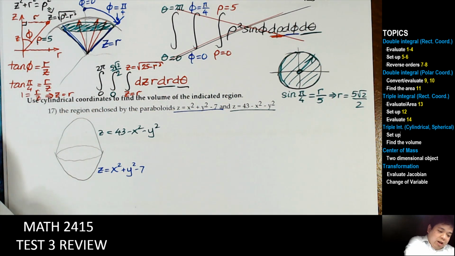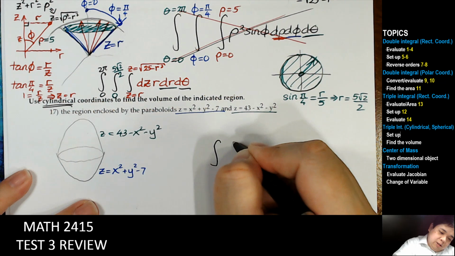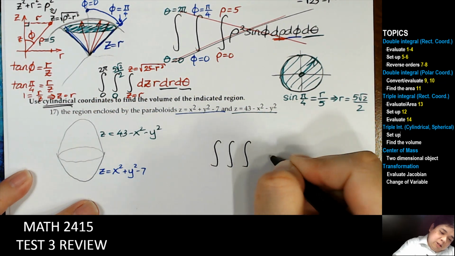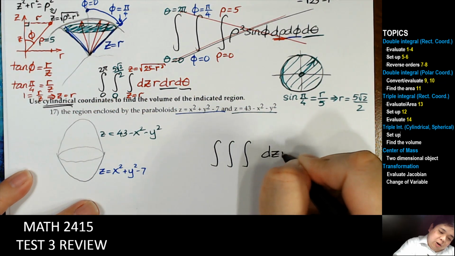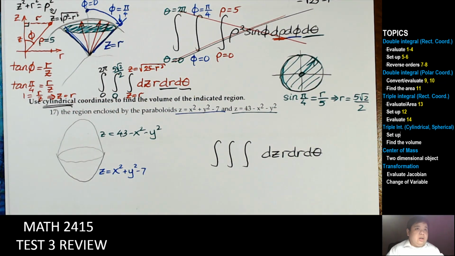If we set up the limit for this one in cylindrical coordinates, dz dr d theta. This one we need to do the integral. I'll let you do the integral. We just set it up here.